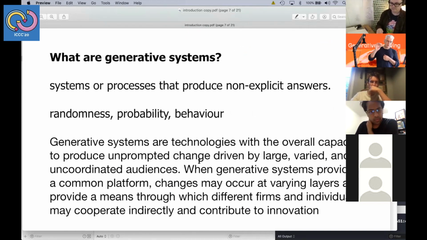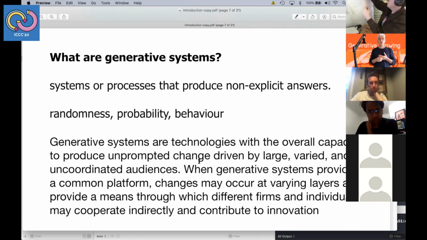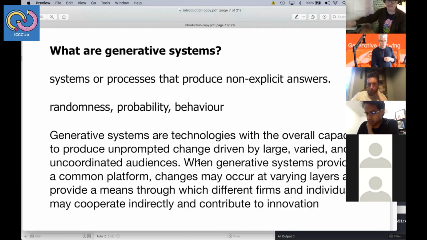So we can produce change out of these things. And people produce generative systems to work in all kinds of arenas now. People are using generative systems in architecture, in chemical engineering, and in product design, which allows the computer to generate possibility from a rule base.